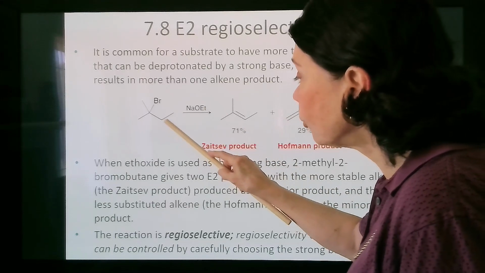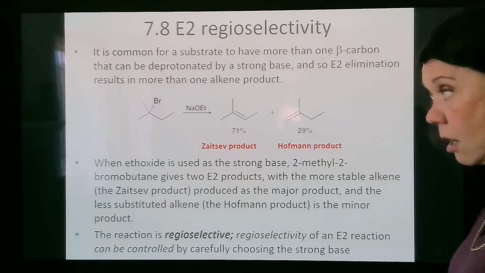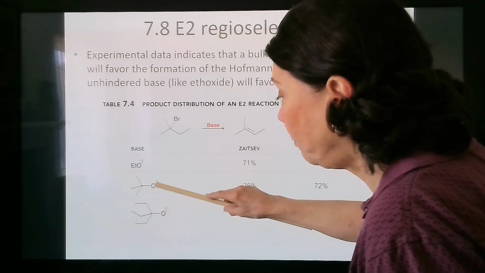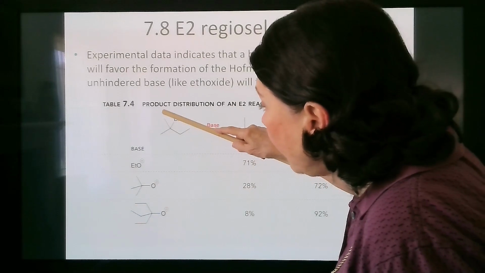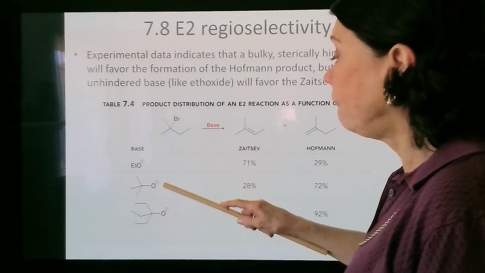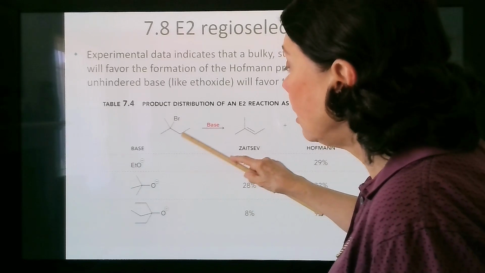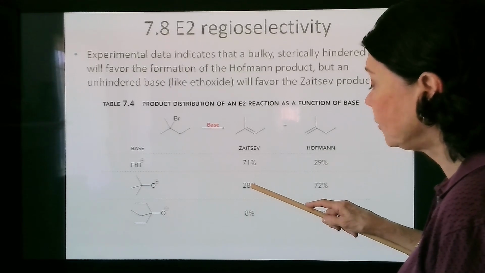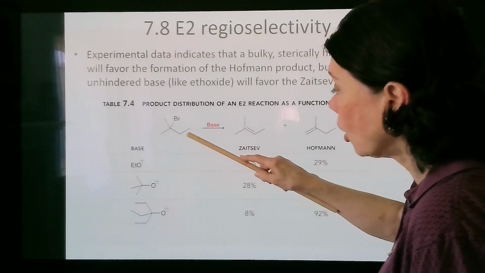If it does, it's going to have to squeeze in here around that methyl group, and that's a steric problem. So over here, now you've got this base that is so much bigger. It's still easy for the base to pluck a proton off of these terminal methyl groups, but it's harder for this larger base to pluck a proton off of the internal methylene. And so you see this 71% drops to 28%. That reflects the steric hindrance about that internal methylene.